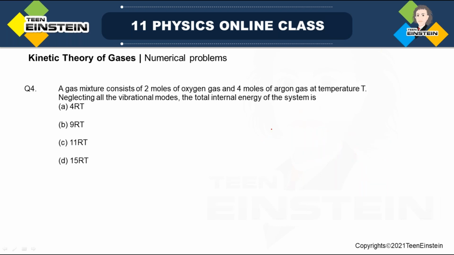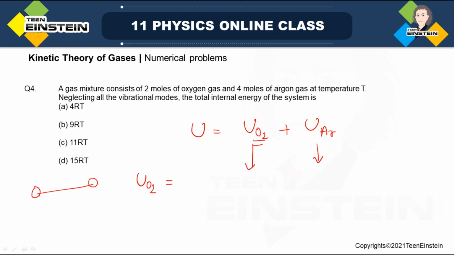Okay, so let us find out first the internal energy. Here you have to find the total internal energy. U is actually U for oxygen and U for argon. Both you have to find out separately. Suppose the internal energy for oxygen, it is a diatomic gas. How many degrees of freedom should be there?